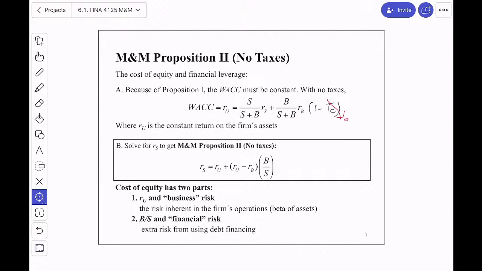Since the value is the same, so what is done here is that the WACC would represent the return to investors in the levered firm, right? Because that would have both equity and debt.